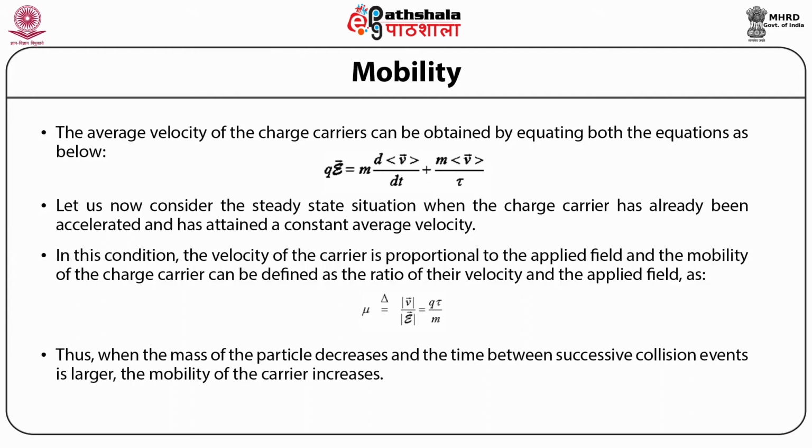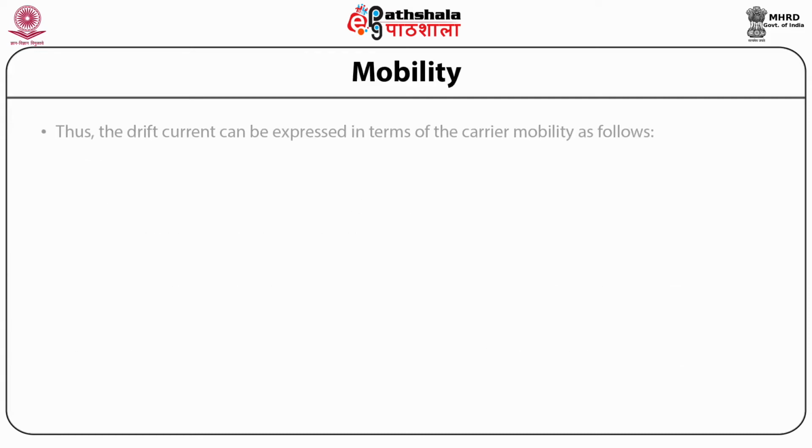Thus, when the mass of the particle decreases and the time between successive collision events is larger, the mobility of the carrier increases. Thus, the drift current can be expressed in terms of the carrier mobility as J vector equals q into n into mu n into E vector.